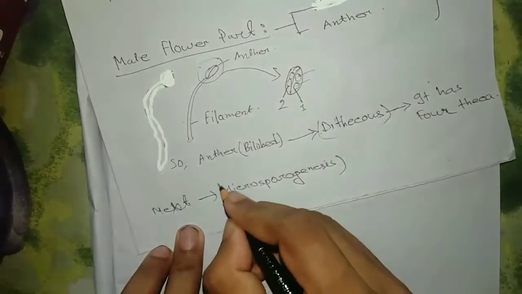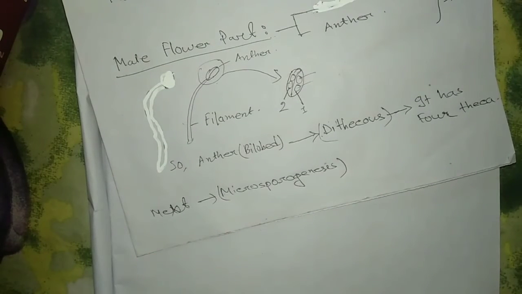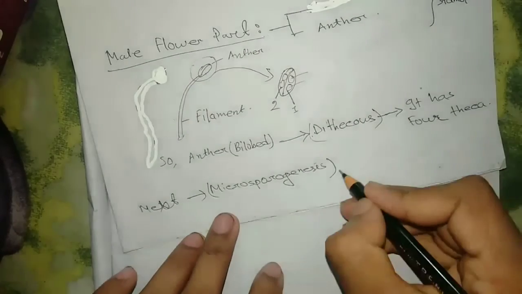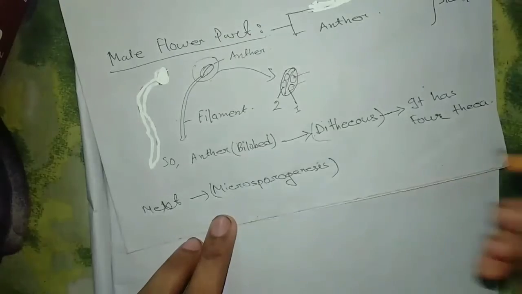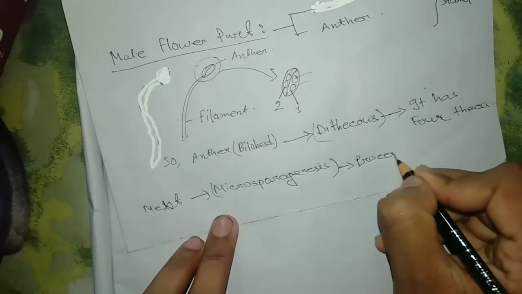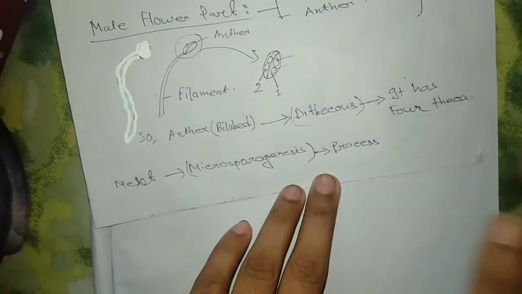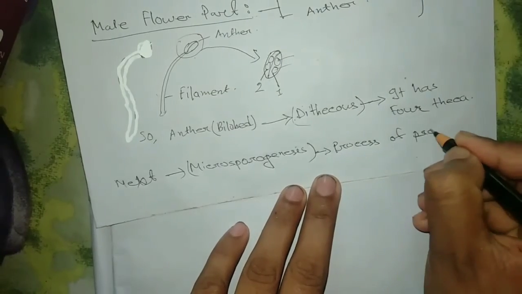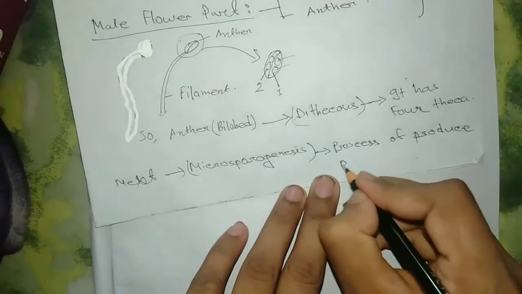Microsporogenesis is a process of producing pollen. Not a pollen, more pollen, production of pollen. Microsporogenesis is the process of producing pollen.